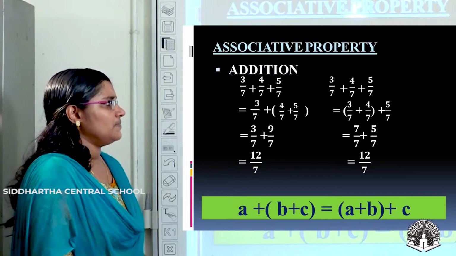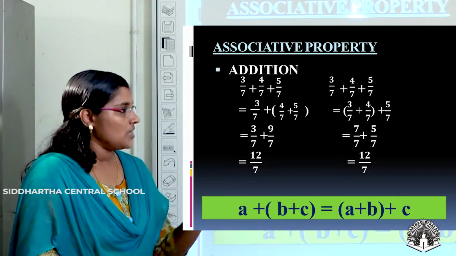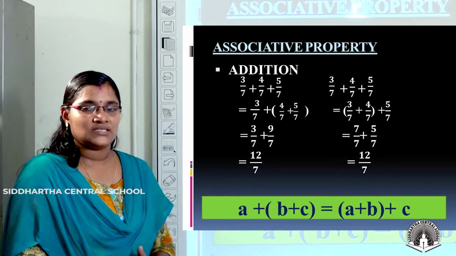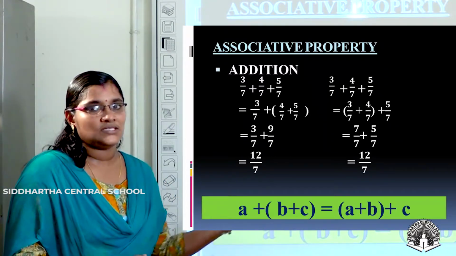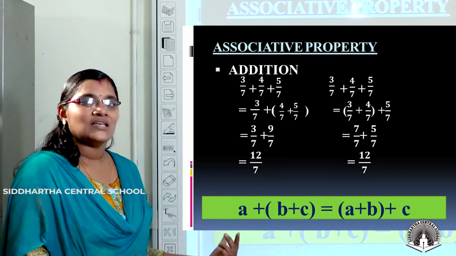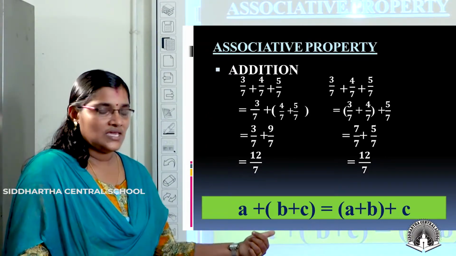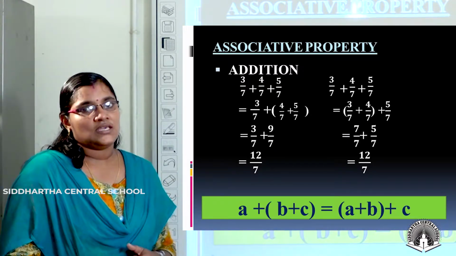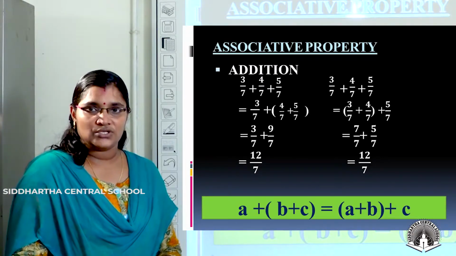So 3 by 7 plus 4 by 7, what is the answer? 7 by 7, plus 5 by 7. So what is the final answer? 12 by 7. If we interchange the bracket also, we will get the same answer. So finally we can say that A plus (B plus C) is equal to (A plus B) plus C. So that is the associative property under addition.